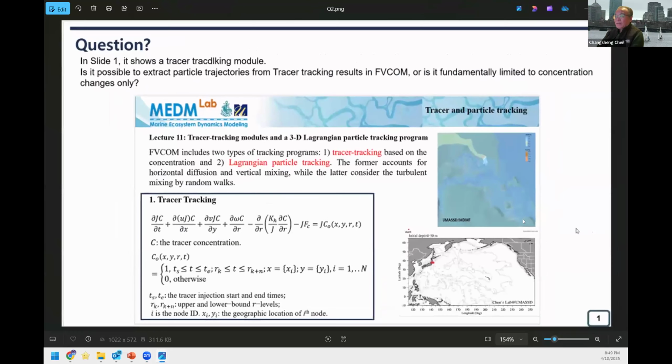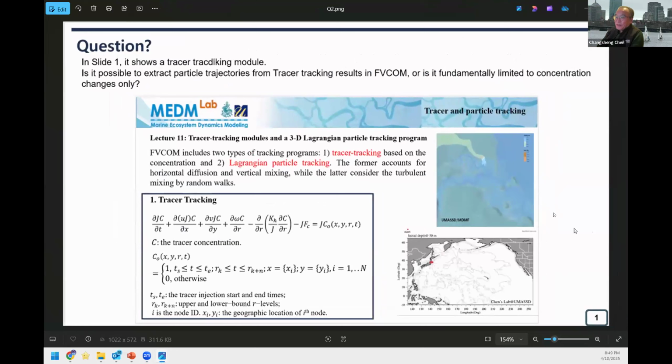Okay, the second question. You ask whether it is possible to extract a particle trajectory from tracer tracking results. That's a completely different concept.